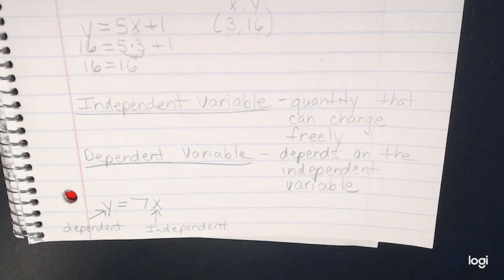All right, so hopefully you have this all written down. Let me give you an example of an equation here. I'm going to give you an equation, and the equation is going to go with a story.